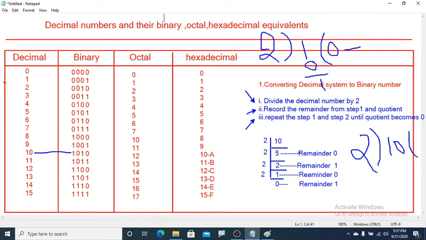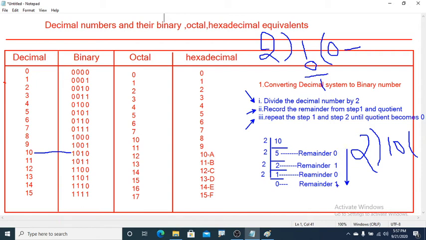Now how are we going to find the final value? From bottom to up. In this direction we find the binary value.